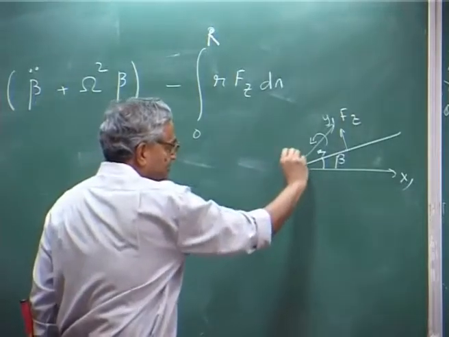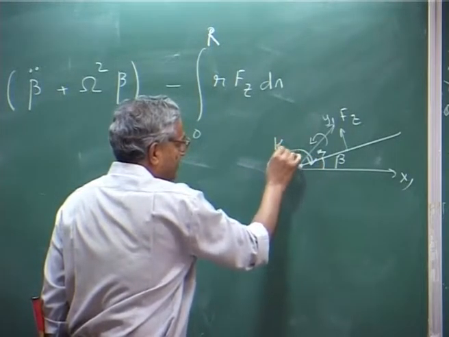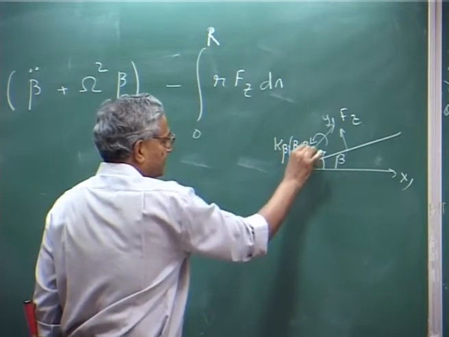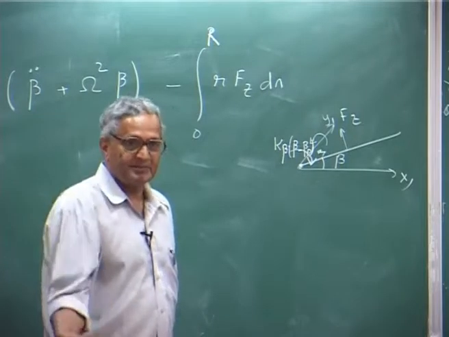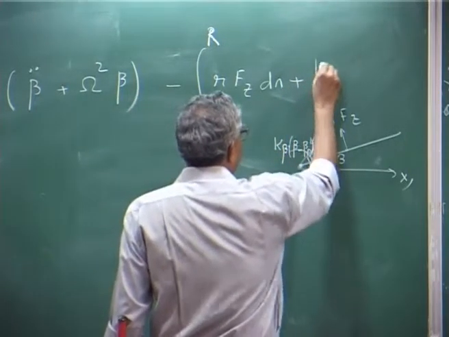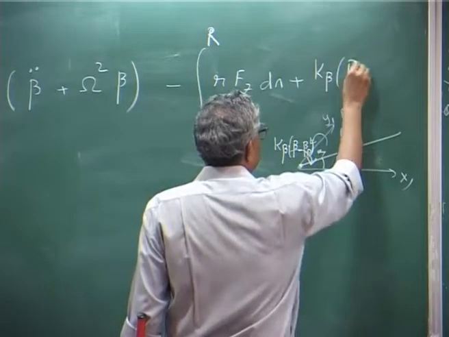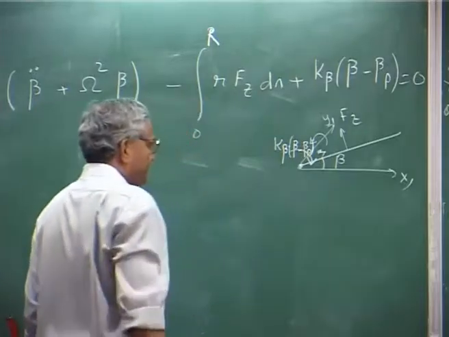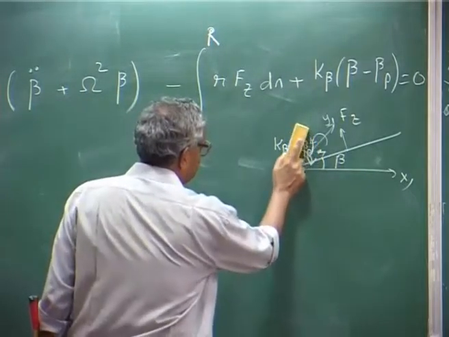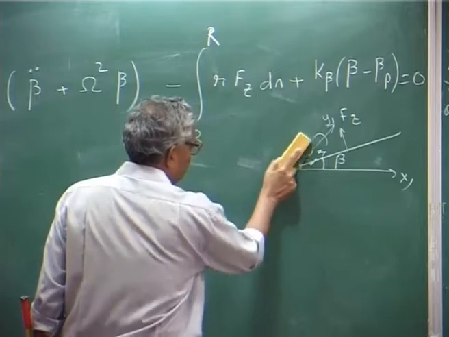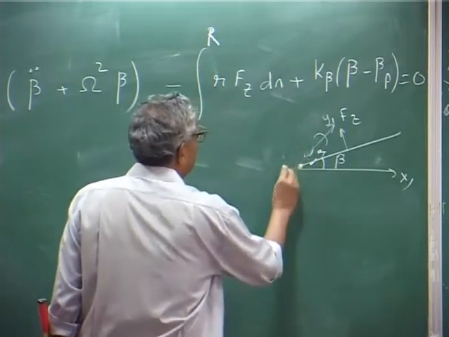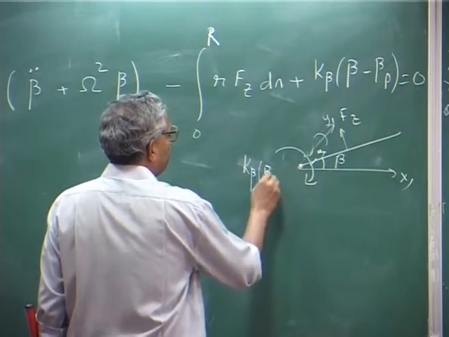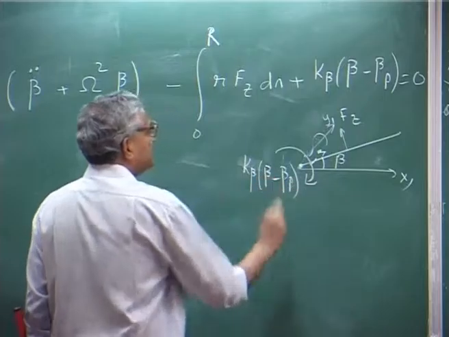But when the spring deforms, it will give a spring moment k beta into beta minus beta p, which will be counterclockwise, which is positive. So, I add k beta into beta minus beta p, equal to 0, that is all. So, you will have a spring moment.